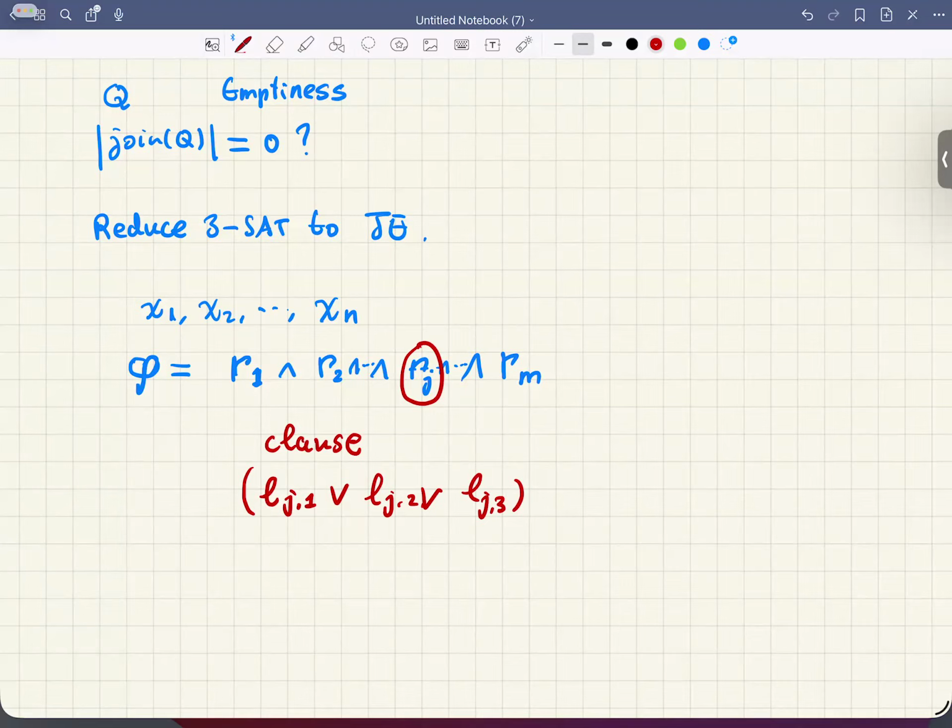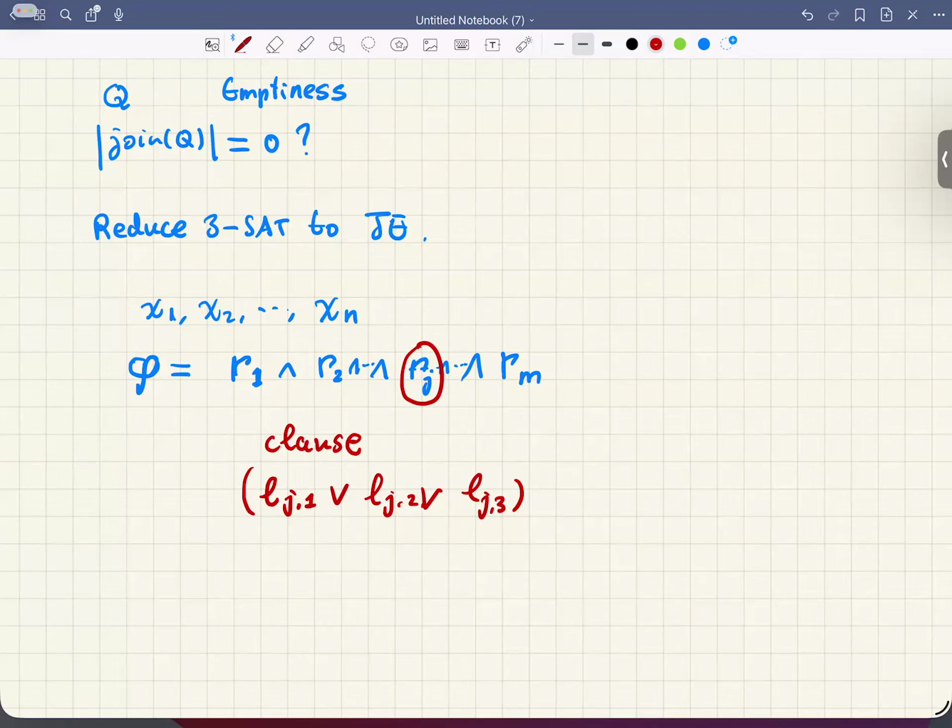I haven't defined this L j1, L j2, L j3, right? But for now, you can think of each one of them as a Boolean expression. What is really important here is that these expressions are connected by disjunction.